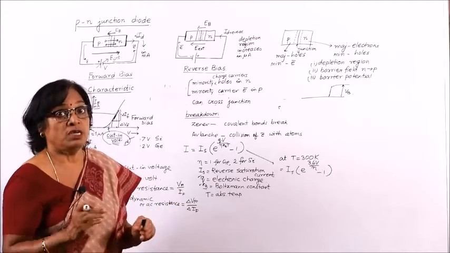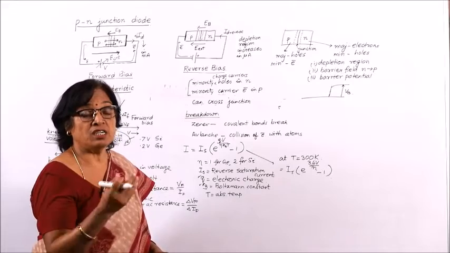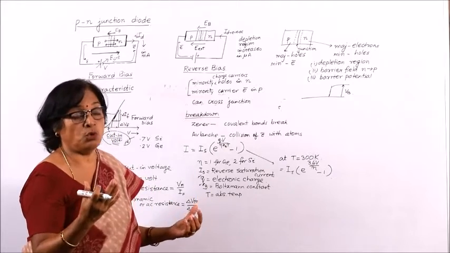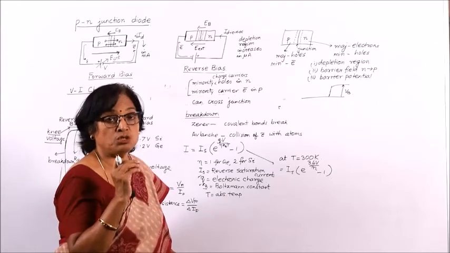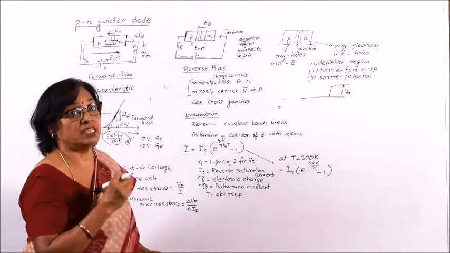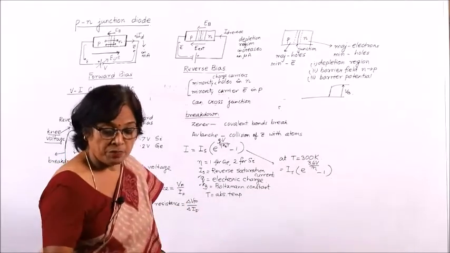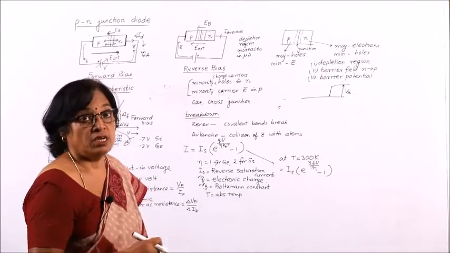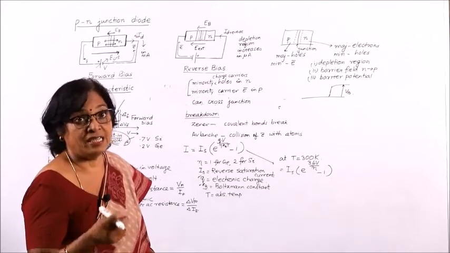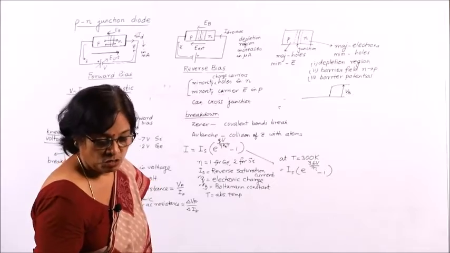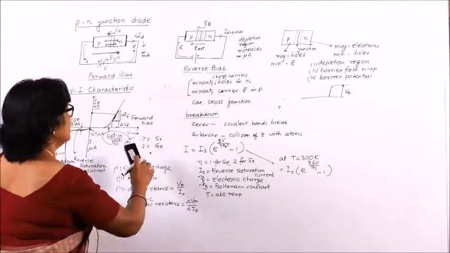So, the diode's main characteristic is that in forward bias it behaves something like a conductor, its resistance is low, and its resistance is very high in the reverse bias. This property of the PN junction diode is used to make it a rectifier. So, we will go to how a PN junction diode is used as a rectifier.